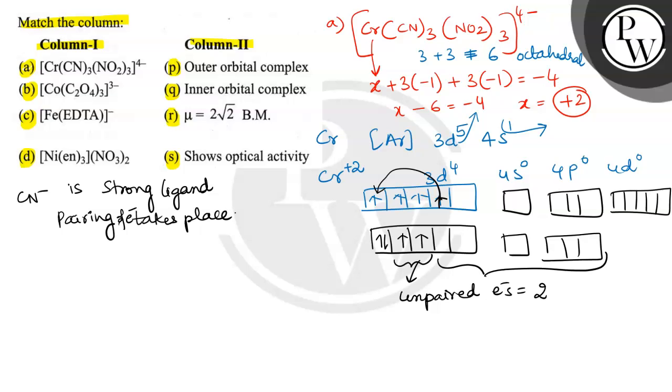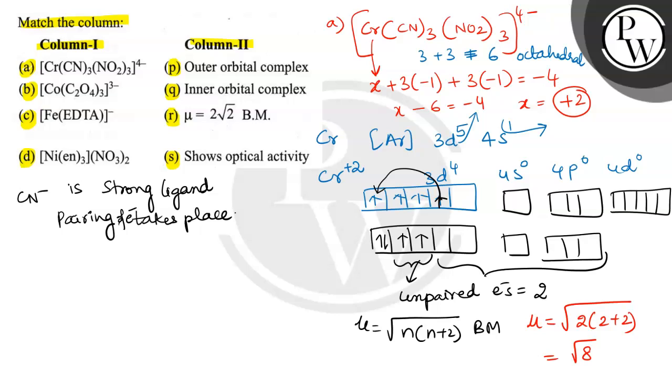So if you observe, mu is equal to square root of n into n plus 2 Bohr magnetons. Here n value is 2. 2 is the number of unpaired electrons. So substitute. mu is equal to root of 2 into 2 plus 2, so root 8, and root 8 can be written as 2 root 2 Bohr magnetons.